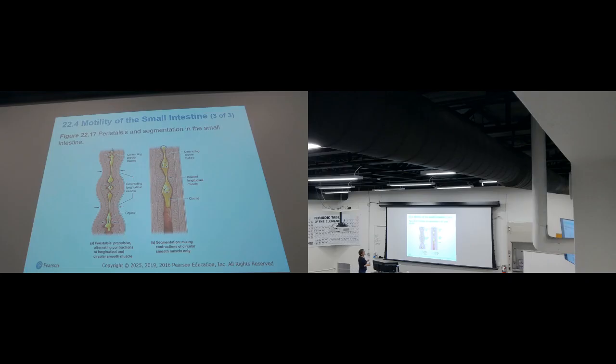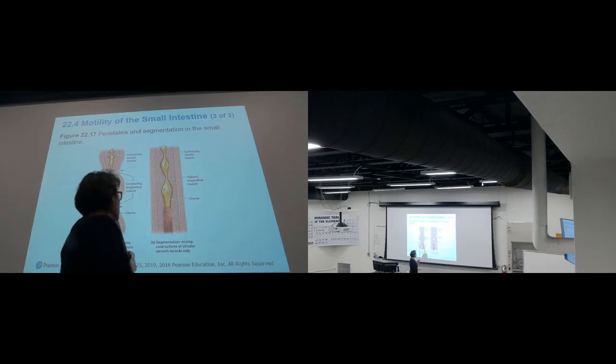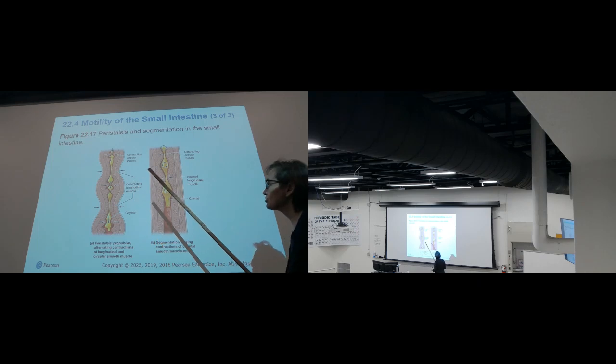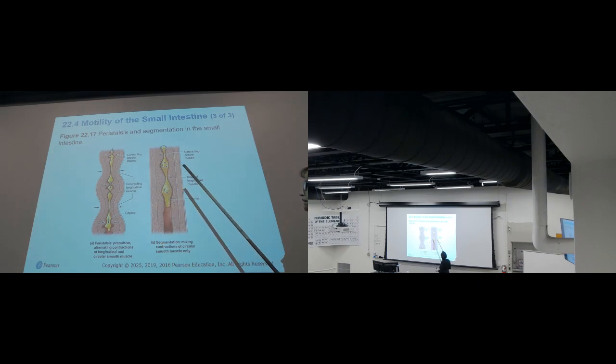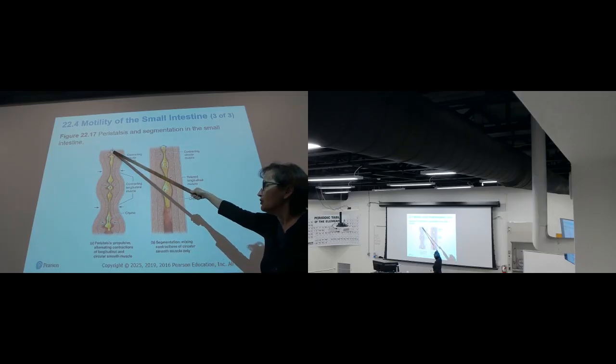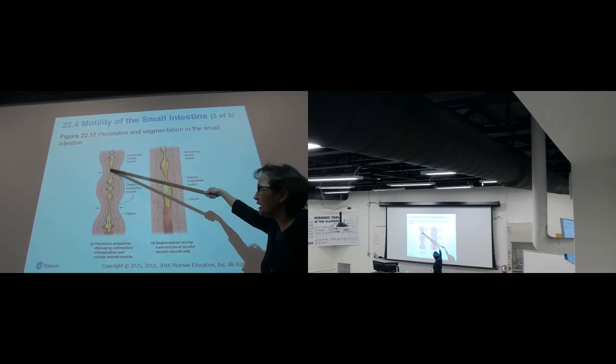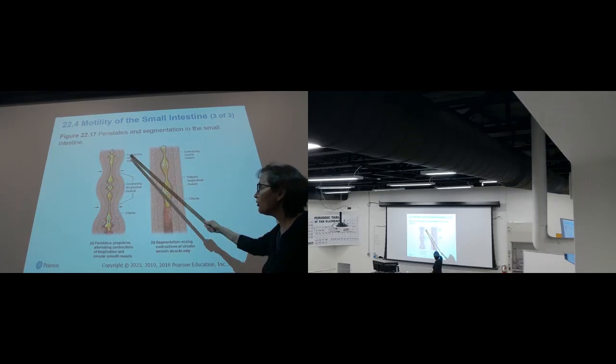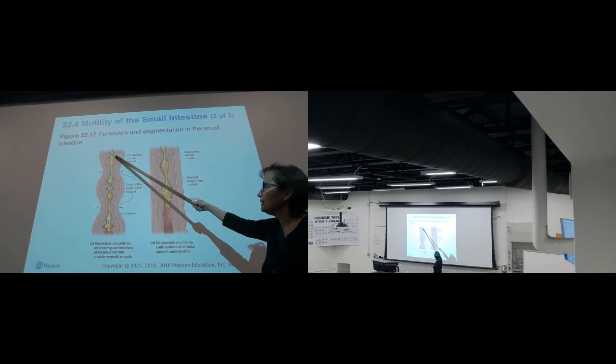And now, in the small intestine, just like for the stomach, you have contraction and relaxation of the muscular wall that will allow this food, the chyme, to be located in a long area like this instead of small portions, all confined.